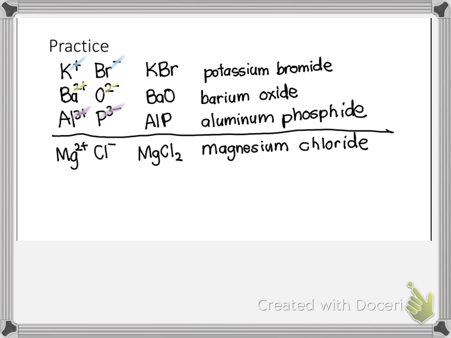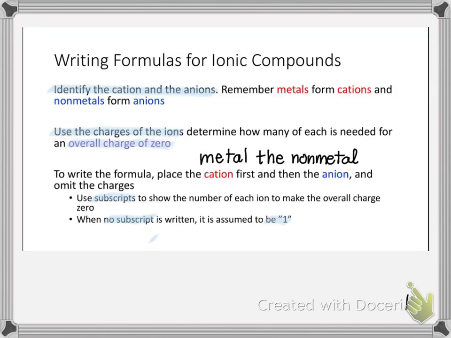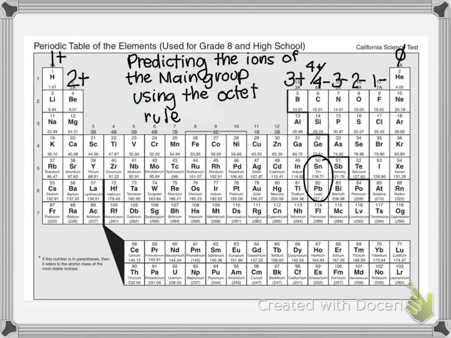Now, I want to add a little twist as we keep going. What if what was written was sodium? They put the elements. They said sodium with, I'm thinking sulfur. Now, if you're given the names of the elements, you go back to the periodic table. I'm going back in our notes. And you'd say, okay, sodium, you're a +1.